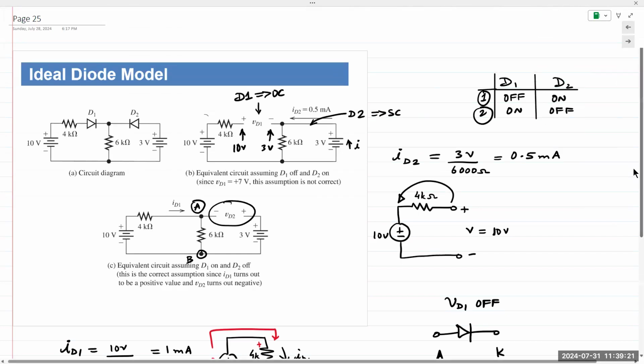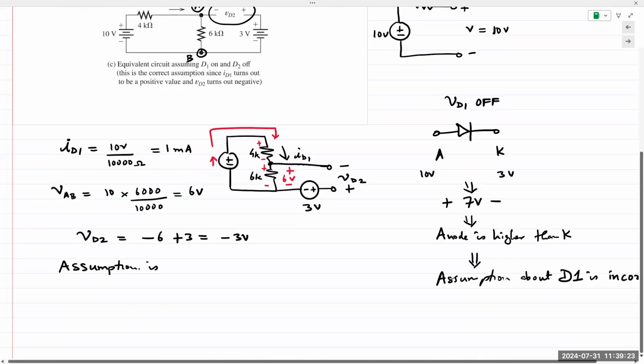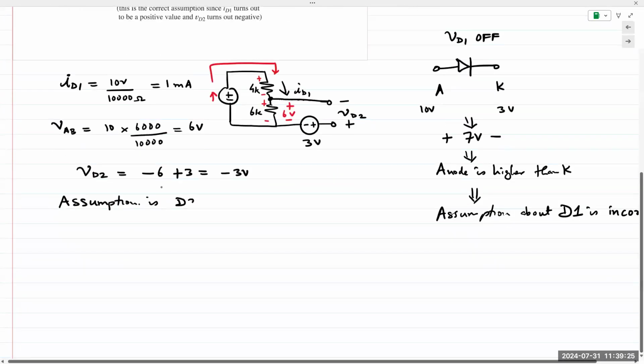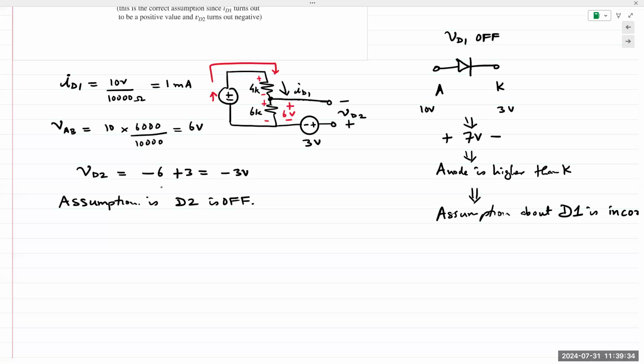If diode D2 is off, it means the cathode is higher than the anode. Okay, do not be confused with the plus and minus signs. Those plus and minus signs refer to the diode voltage. It always refers to the anode as positive with reference to the cathode.